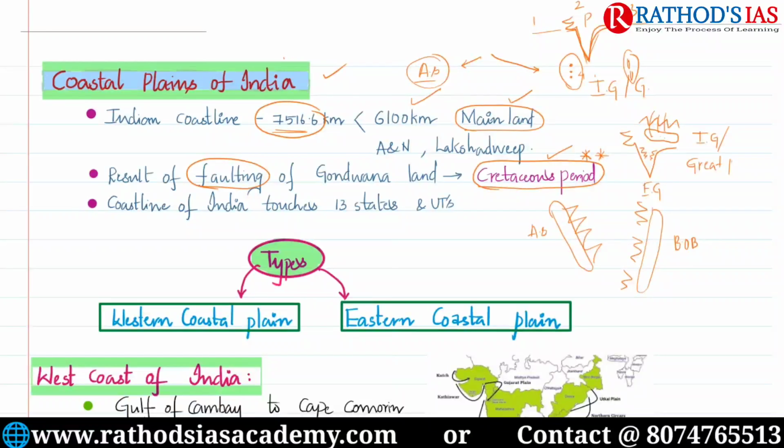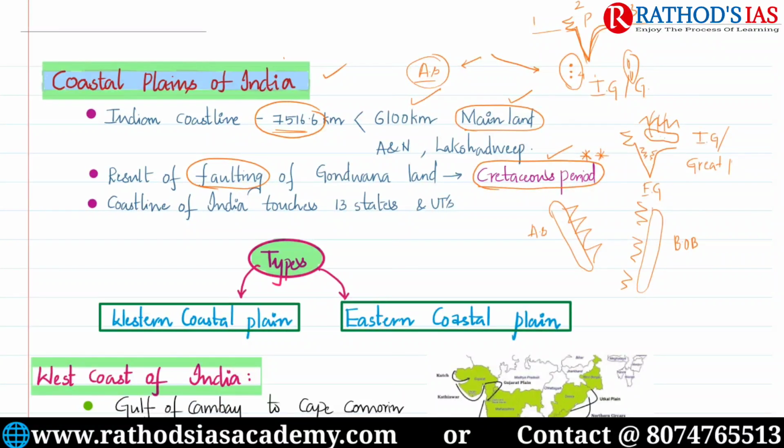So why are these coastal plains formed? Because of the faulting of Gondwana land during the Cretaceous period. And one more important reason here is the sediments brought by the rivers. In the eastern coast, for example, rivers like Godavari, Krishna, Kaveri, and in the western coast, rivers like Narmada, Tapati, like that.